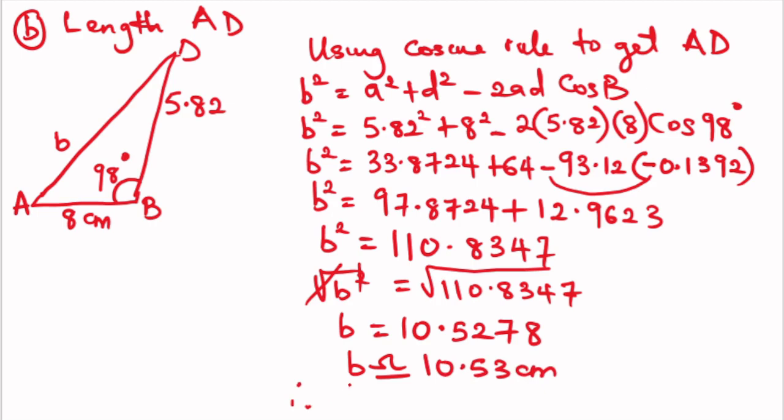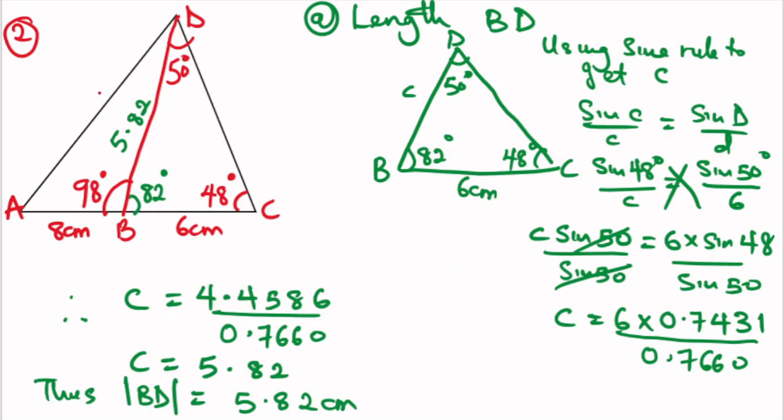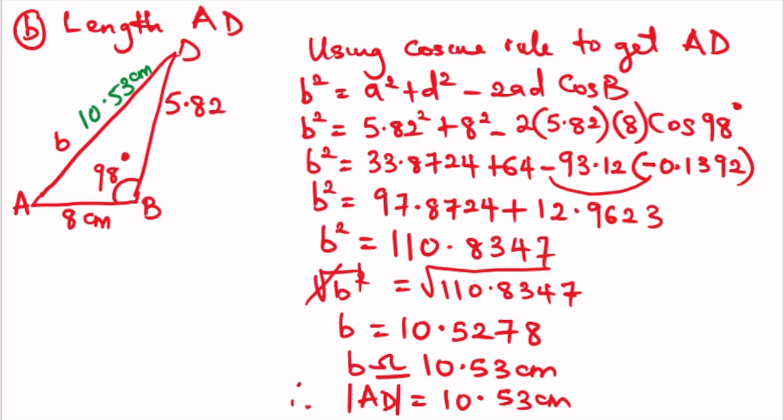So therefore, AD is equal to 10.53 centimeters. We can put this in the triangle given. AD is 10.53 centimeters.